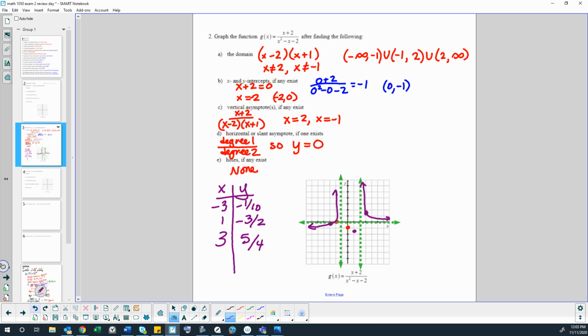And the fact that there's no multiplicity with any of our zeros means that this is not going to go the same direction as that, which helps us make sense of the fact that this goes like this instead. But seriously, to really know that, you would need to plug in a bunch more points to get an accurate picture. Doing that on a test is going to take a lot of time. So, fortunately, it won't be that bad.